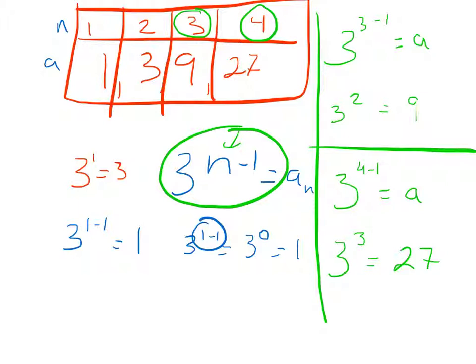So my formula here should be 3 to the n minus 1 will equal the answer for whatever term, answer for the third term or answer for the fifth term. So we could go ahead and put what would be the fifth term.